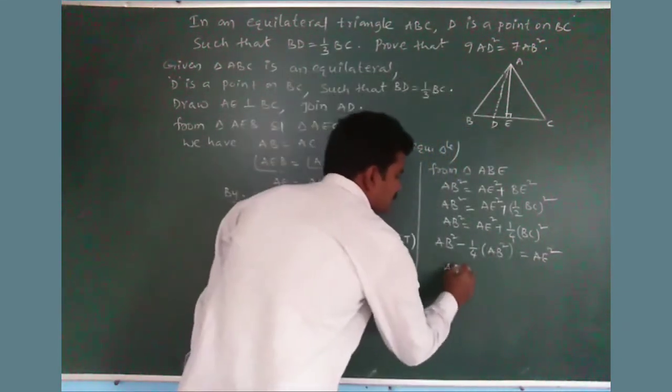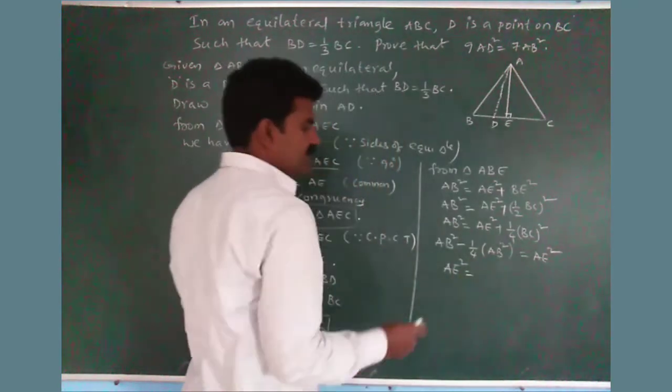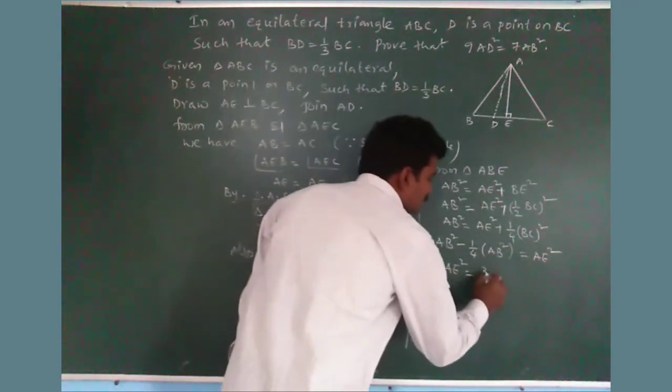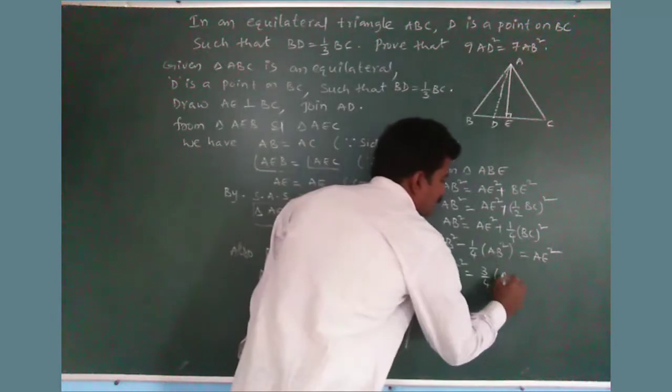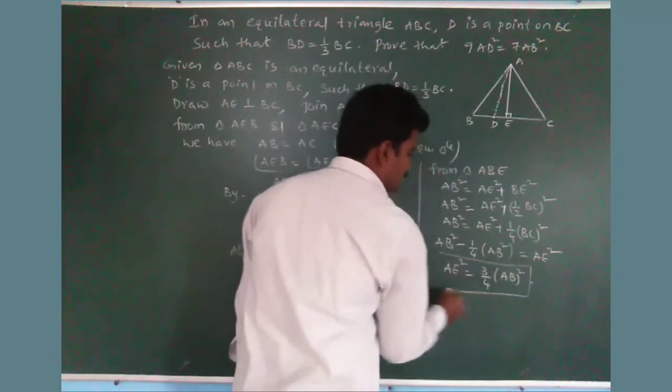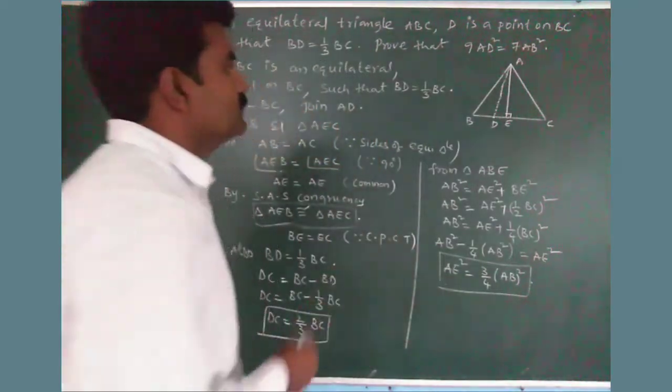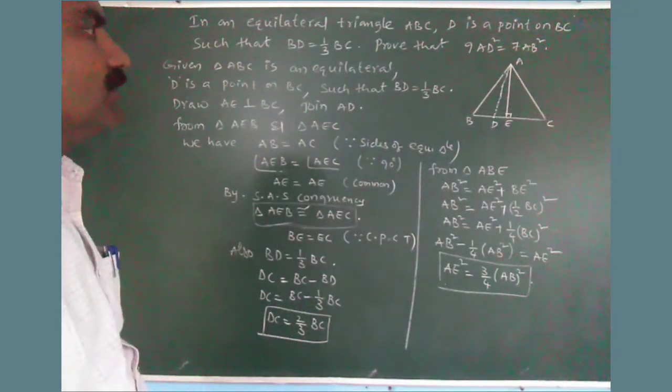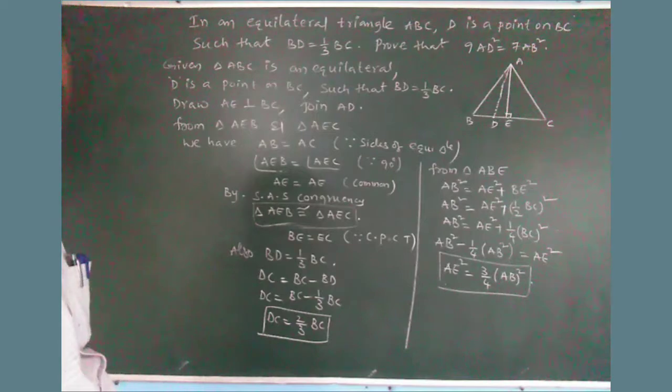From this we can write that AE square is equal to 3 by 4 of AB square.